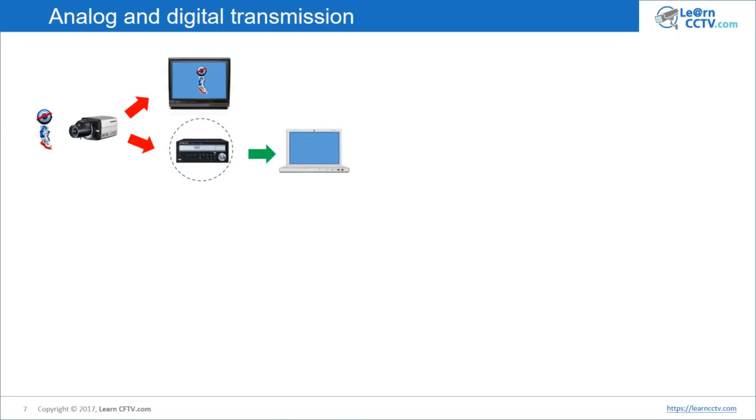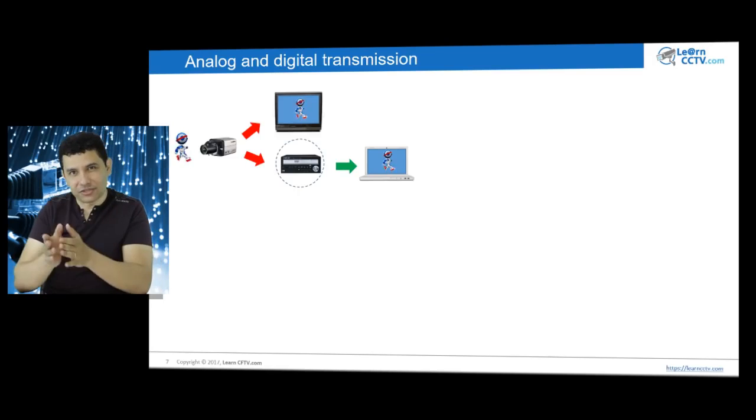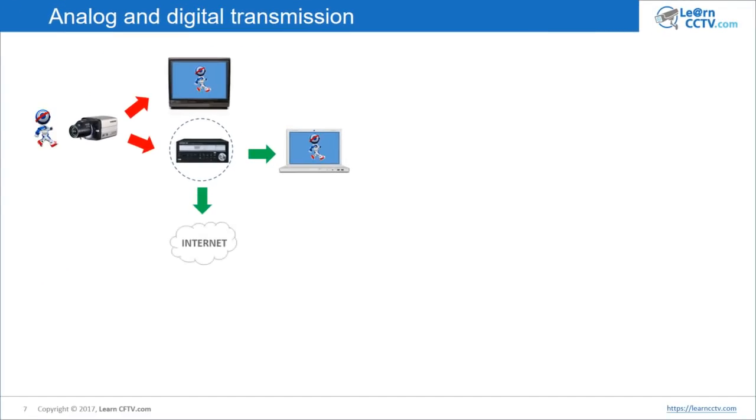And then you can see your video on your screen in your computer. That's possible only when you convert from analog to digital. Then you can see it in your computer. And then you can also send those videos to the internet, and from the internet you can send to a computer in digital format, right?